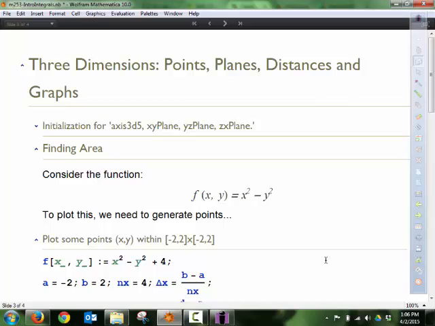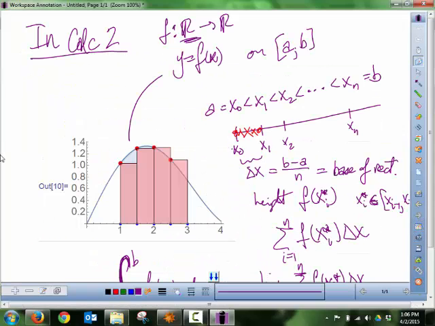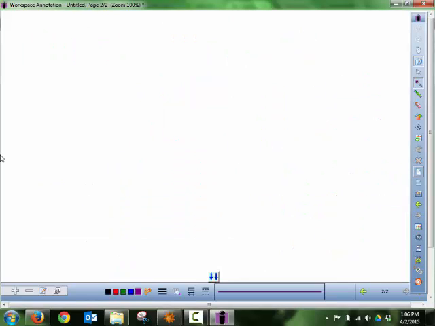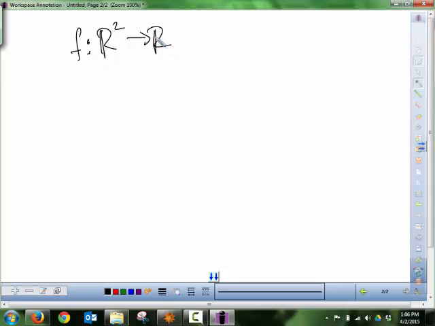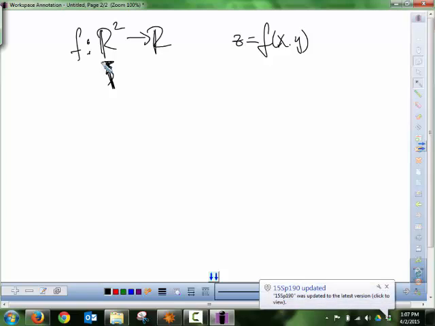Before we take a look at any pictures, let's think about how to extend this to these types of functions where our function now has an input of R2 and an output to R. Z is equal to f of xy. So we got some fundamental difference now between the old function and the new functions, and that is that your new function has a different domain.